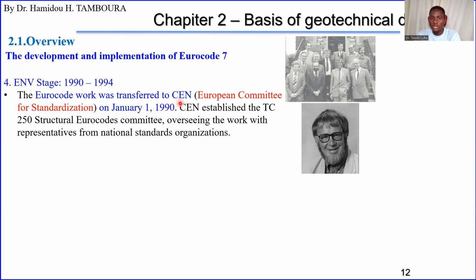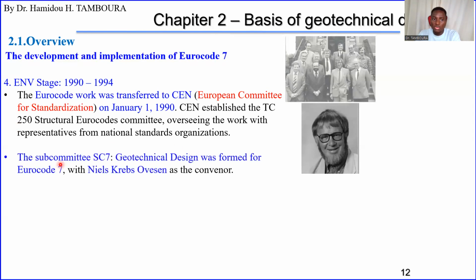So CEN established TC 250, the structural Eurocode committee, like a small group for each Eurocode branch, to oversee the work with representatives from national standards organizations.